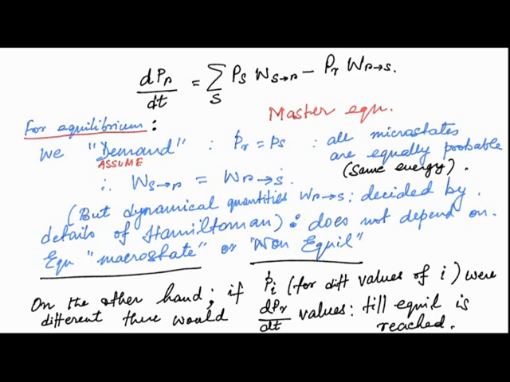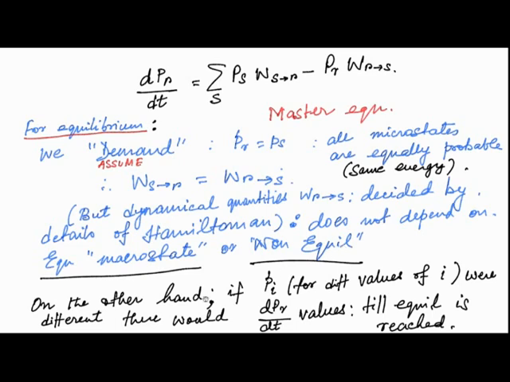That's a property of the Hamiltonian, and whether the system is in equilibrium or not is the property of these large number of particles, right? So WSR equal to WRS, if energy is not changing, is unchanged whether the system is in equilibrium or non-equilibrium.